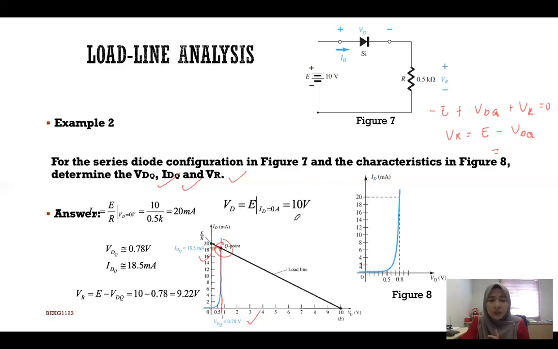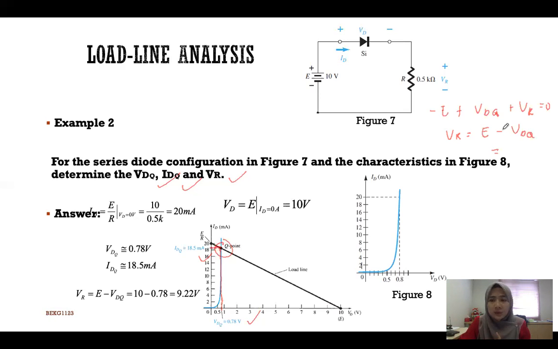VD is the value of the voltage when ID is equal to 0, but the operating point is the VDQ and also the IDQ. The operating point is the Q point. At the Q point, VDQ is 0.78 and IDQ is 18.5 milliampere.